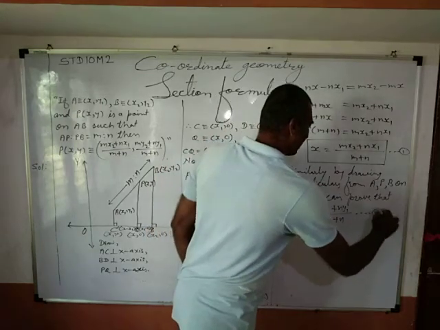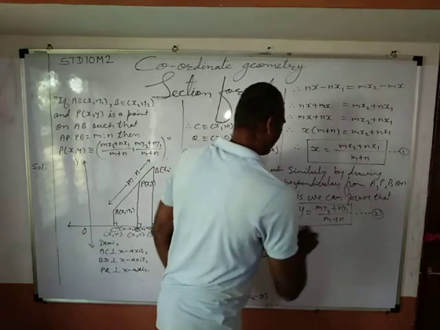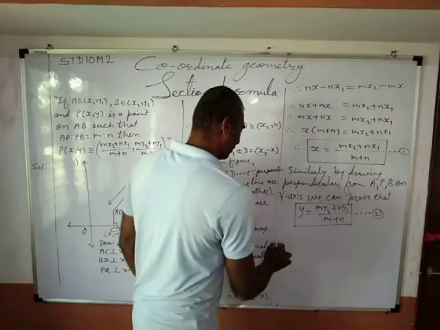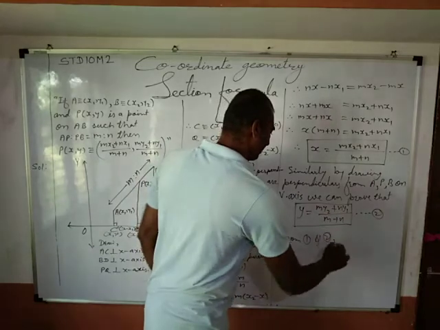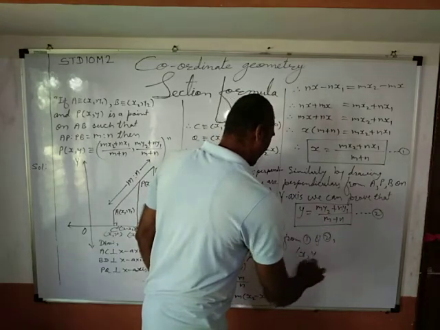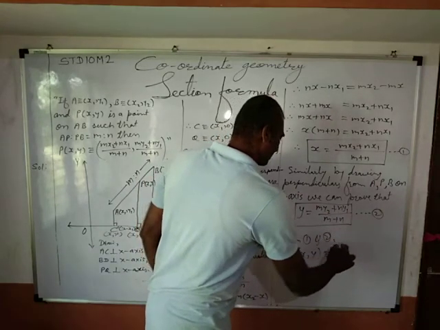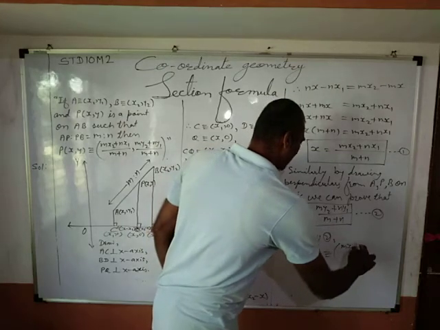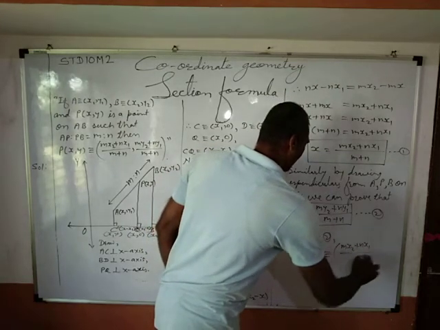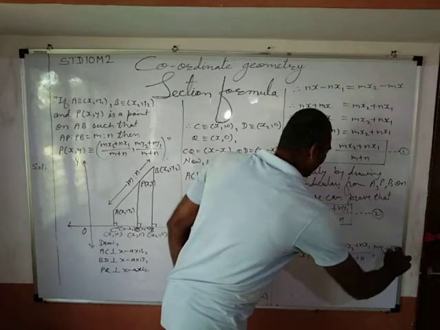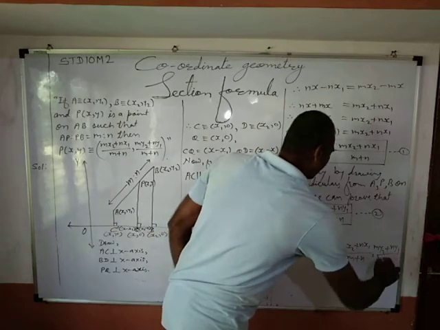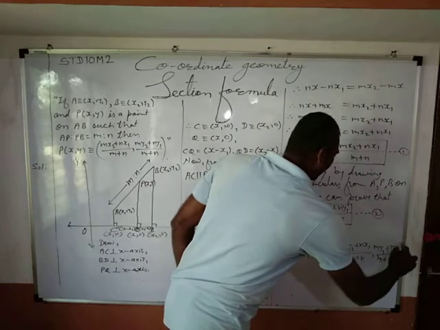Equation second. Okay, and therefore from one and two, (x, y) is ((mx2 plus nx1) upon (m plus n), (my2 plus ny1) upon (m plus n)).